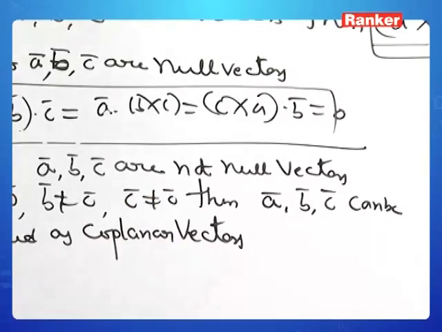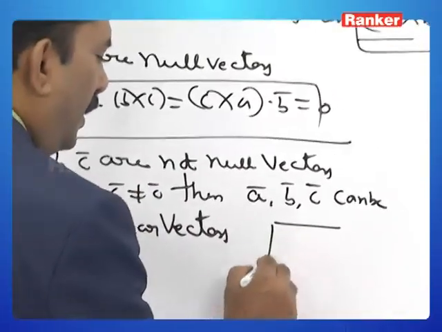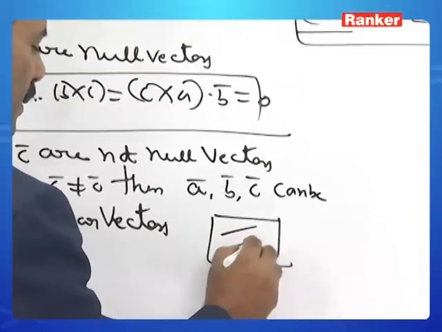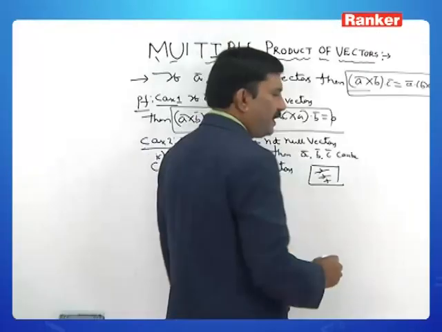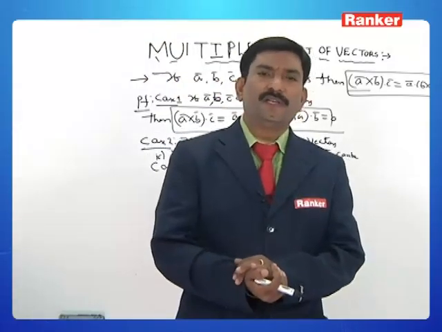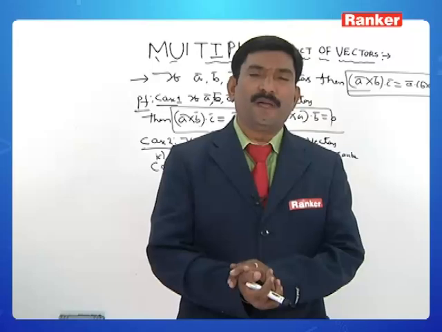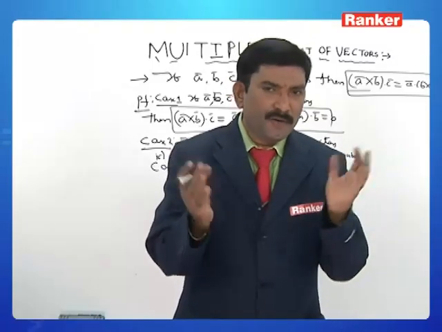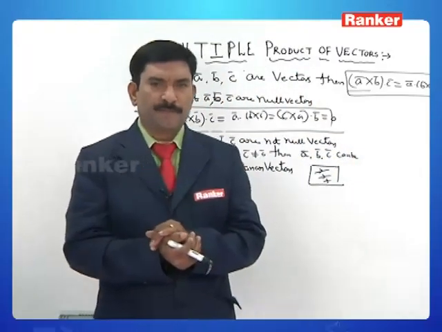Coplanar vectors means if I take a plane, all three vectors are lying in the same plane. What is the definition of coplanarity? The vectors which are lying in the same plane or parallel planes are known as coplanar vectors.